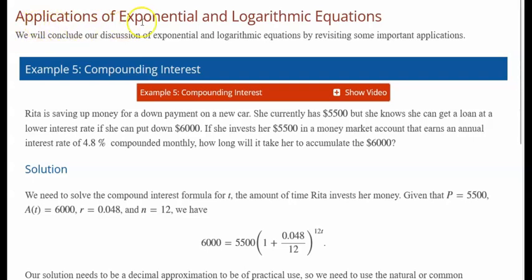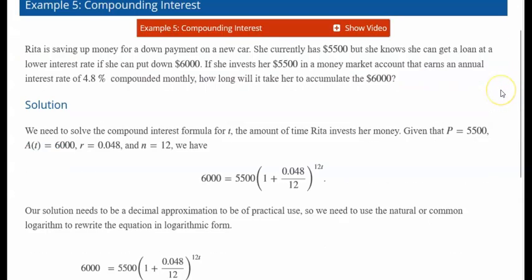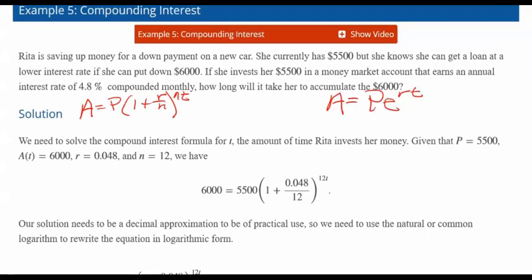In example 5 now, we're going to look at applications. And this specific example is on compound interest. So take a moment to read it, pause, and you remember our compound interest formula. Now this isn't continuous interest, this is compound interest.